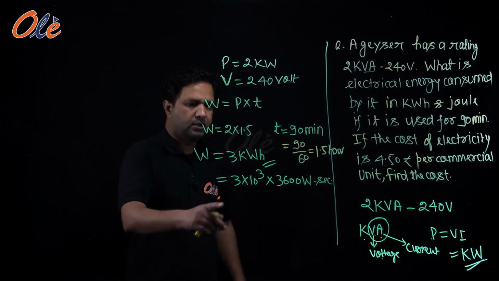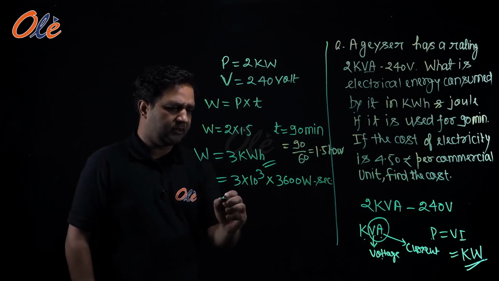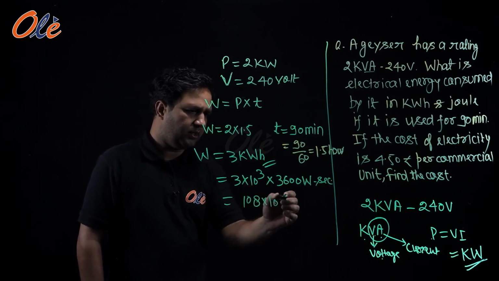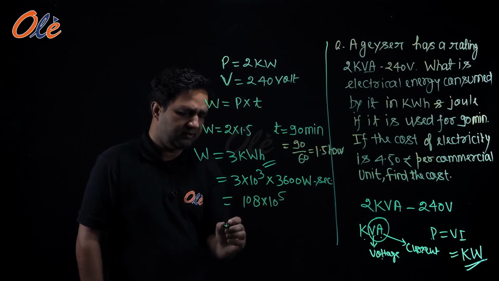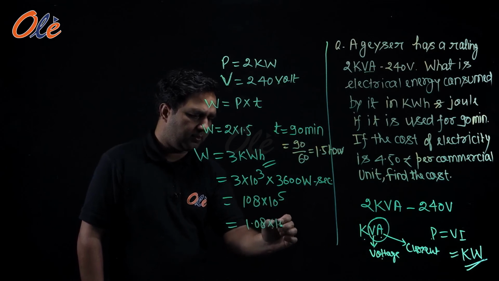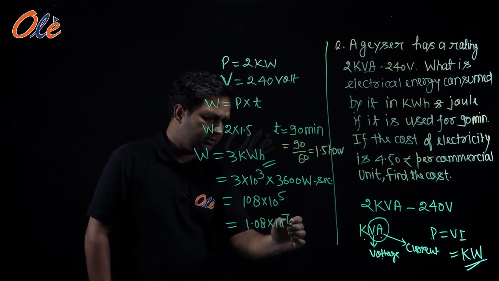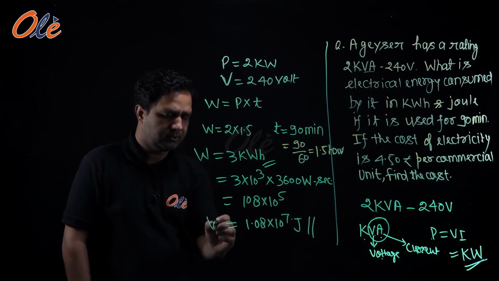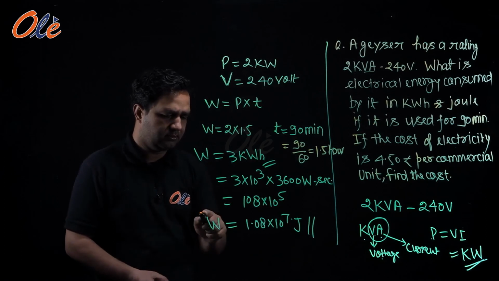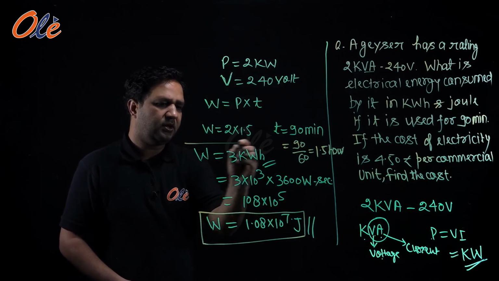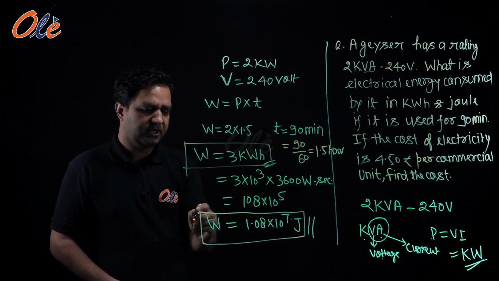So we can calculate it. 3 into 6 is 18, 108 into 10 to power 3 plus 2, that is 5. Or we can write it as 1.08 into 10 to power 7 watt second, and watt second is also called joule. So this will be in joule. This will be in kilowatt hour, and this in joule.